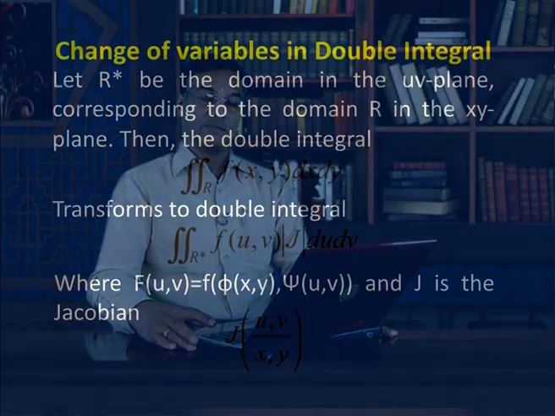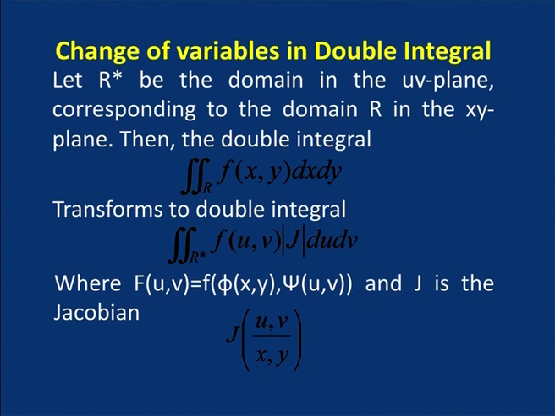Now I am going to explain to you the change of variable in double and triple integral. Let R star be the domain in uv plane corresponding to domain R in xy plane.